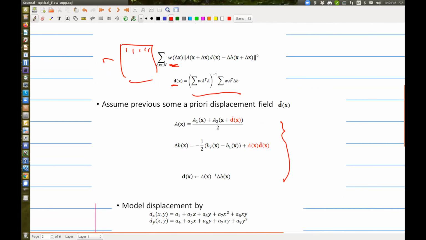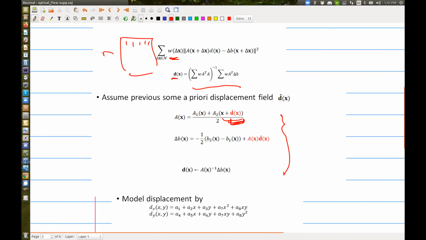So basically, if you already have an initial estimate of d, then you can put that into the equation as well in the update. Therefore each time you have an iterative improvement of the estimate.